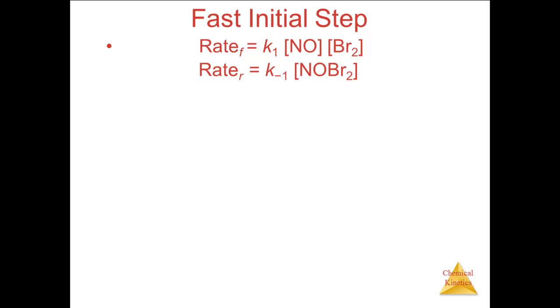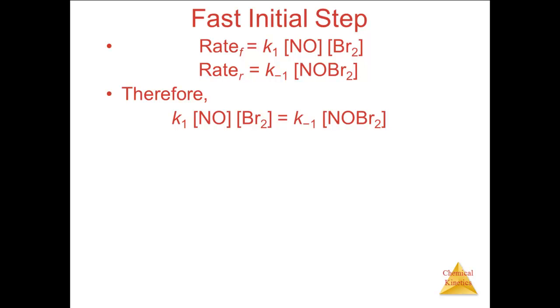Because the forward reaction for step 1 is an elementary step, its rate expression is rate F equals k1 times the concentration of NO times the concentration of Br2. Similarly, the reverse reaction in step 1 is also an elementary step, so its rate expression is rate R equals k minus 1 times the concentration of NOBr2.